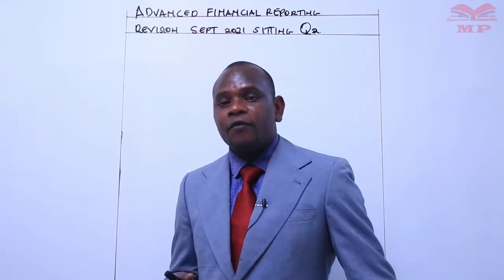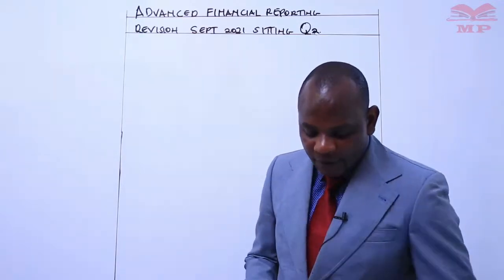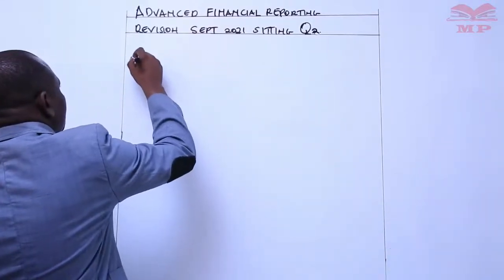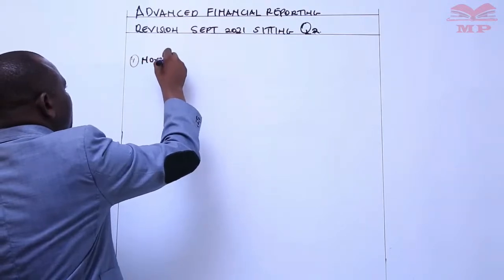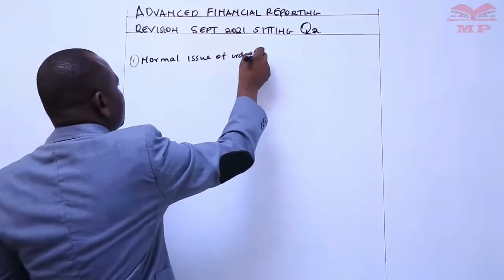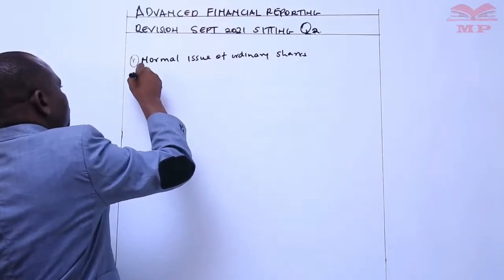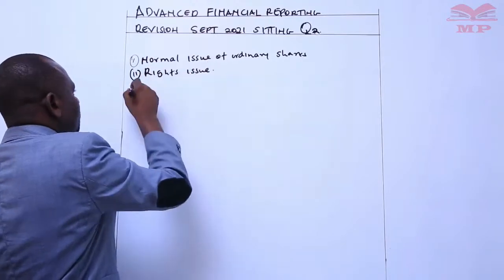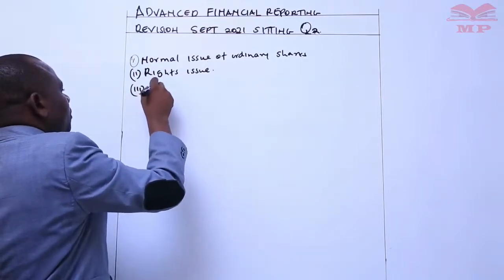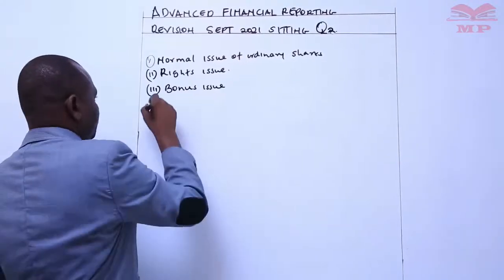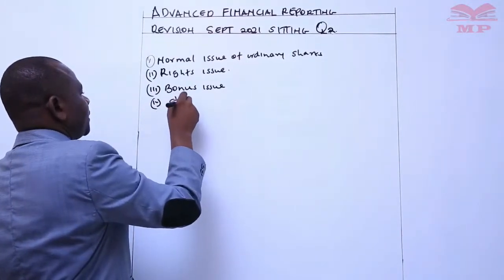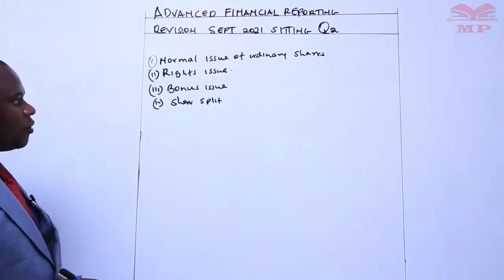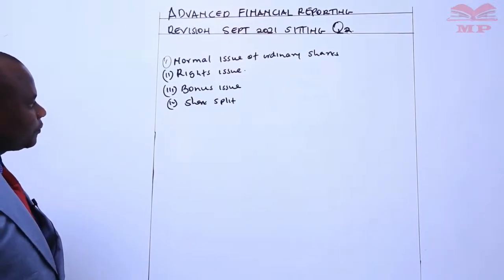Basic EPS is affected by the following items that affect ordinary share capital. 1 is normal issue of ordinary shares. Number 2, we have rights issue. Number 3, bonus issue. Number 4, share split. Share split could be reverse share split or share consolidation.